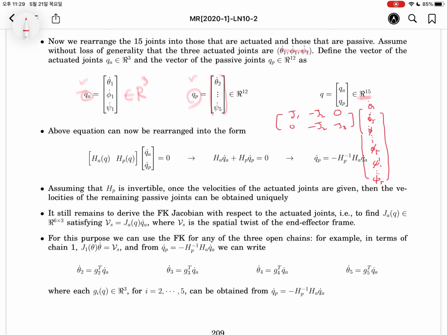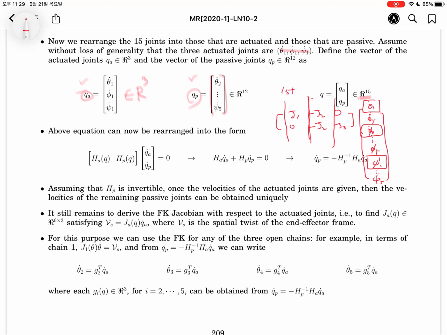Here let's choose the first active joint, theta 1 dot. At that time, the first column vector can be chosen. And then phi 1 dot will be the 6th column vector. Is it right? The sixth column vector will be multiplied to phi 1 dot, and then psi 1 dot will be multiplied to the 11th column vector.